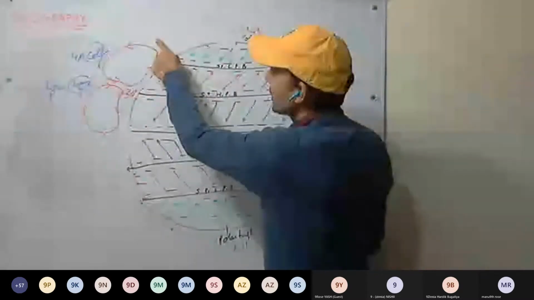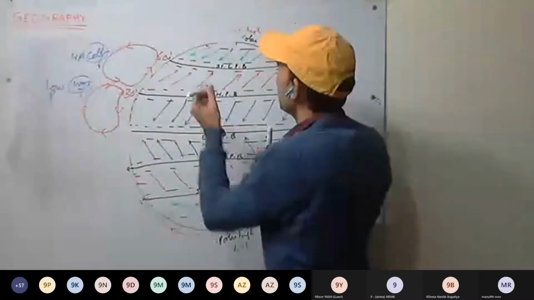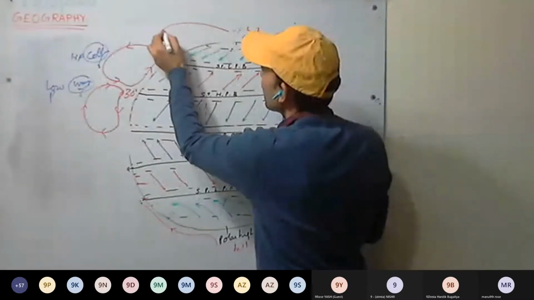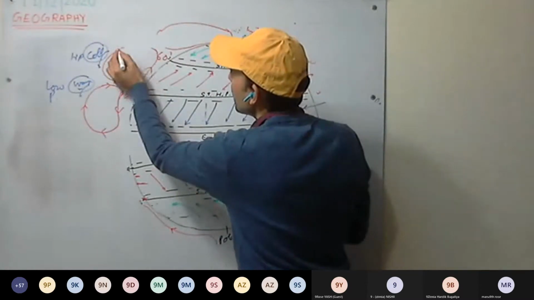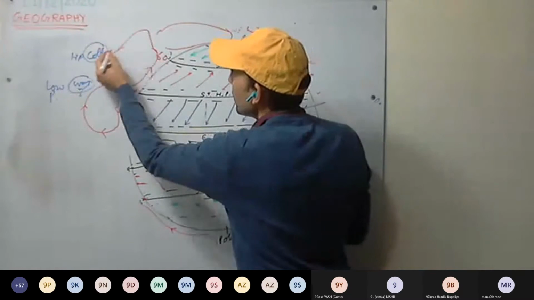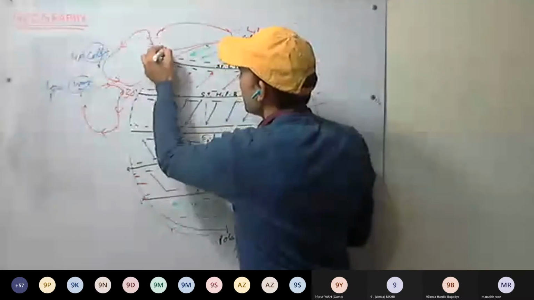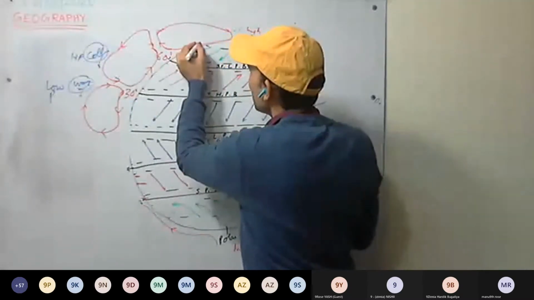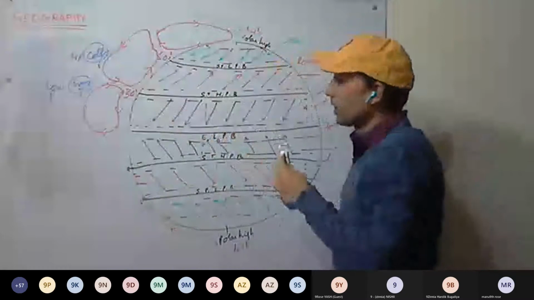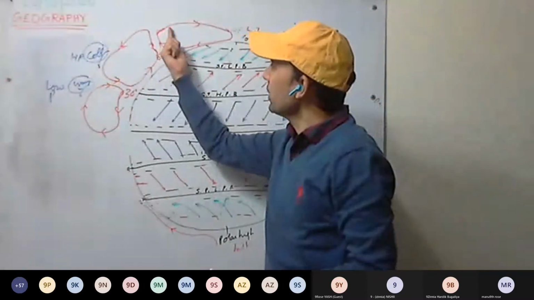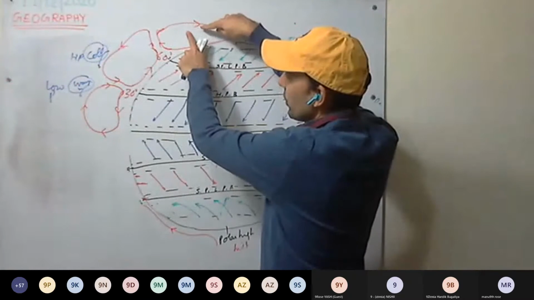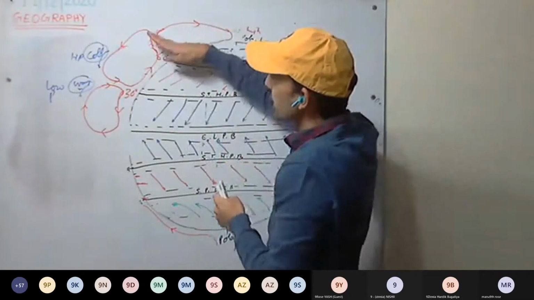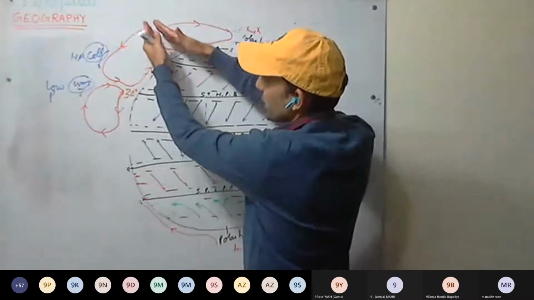Now what happens here? Again here, these are the cold winds, and this is relatively warmer as compared to these cold winds.